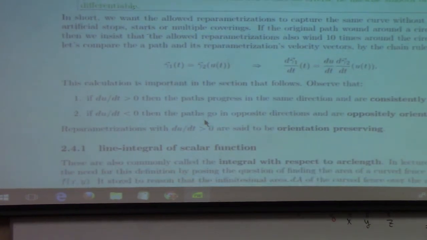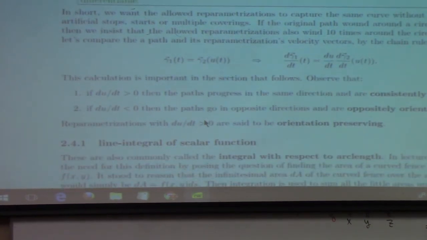If the du dt is always positive, then the paths progress in the same direction, so it's said to be a consistently oriented reparameterization. If you choose a reparameterization which has du dt negative, then the paths go in opposite direction. That would be an oppositely oriented reparameterization. If you want orientation preserving, you must insist that du dt is positive. For arc length, when we take u equal to arc length, one of the things we noticed was that ds dt was speed, which is the magnitude of the velocity, which is necessarily positive. So arc length parameterization is orientation preserving.